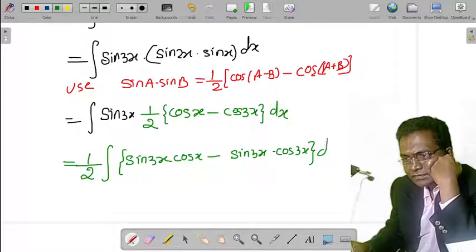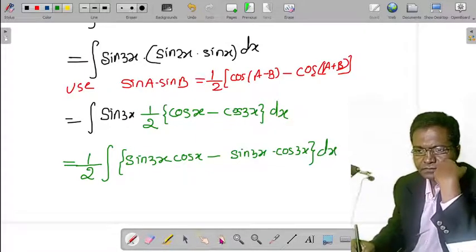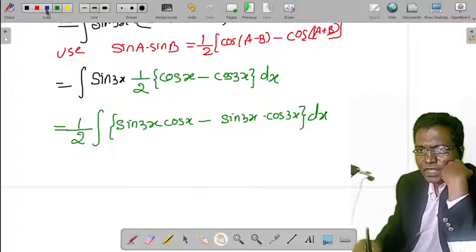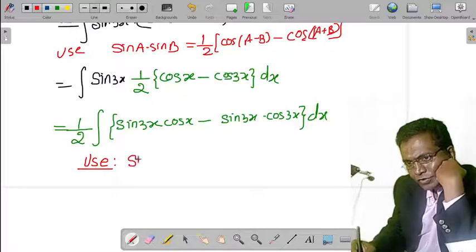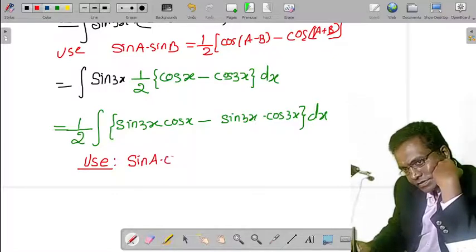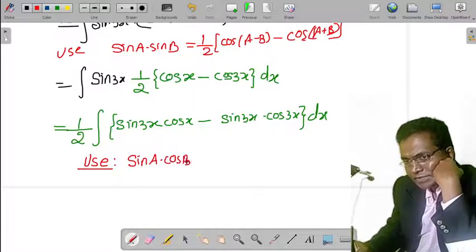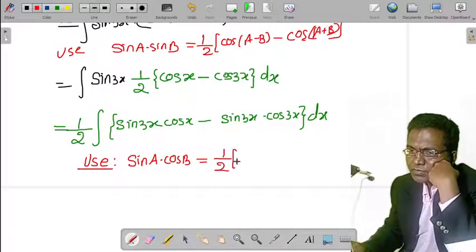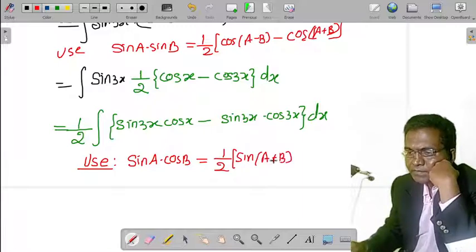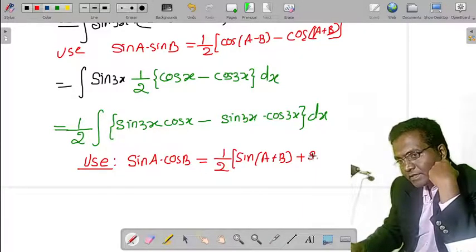Now you have to use this sin A into cos B. Sin A into cos B is 1 by 2 sin of A plus B plus sin of A minus B.